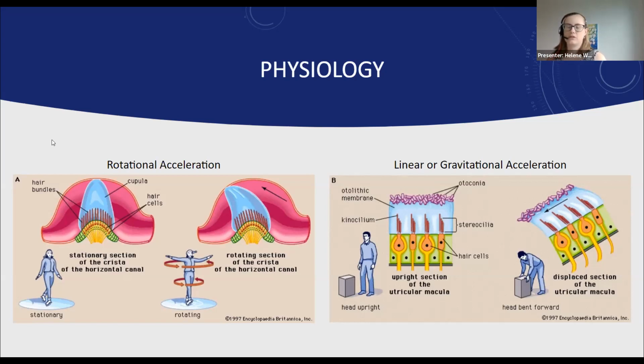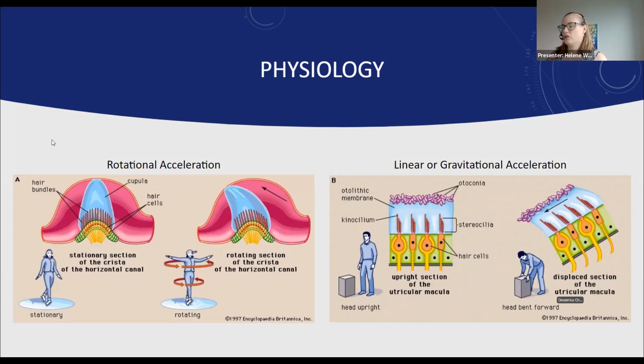The semicircular canals are positioned within our 3 dimensions in order to give us that perception of how we're moving. The otolithic organs, on the other hand, give us an indication of linear or gravitational acceleration.